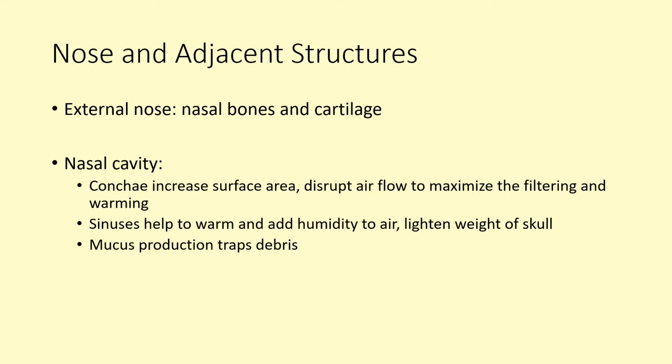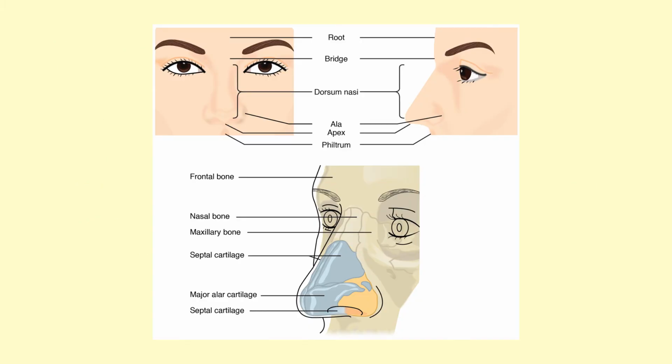The nasal cavity is going to be producing mucus, which may be very frustrating and annoying at times, but it helps to trap debris. You want to prevent any foreign debris from getting down into the lungs themselves. So the mucus has to trap and keep that out of the lungs. And so in this diagram here, you can see this diagram of the nose.